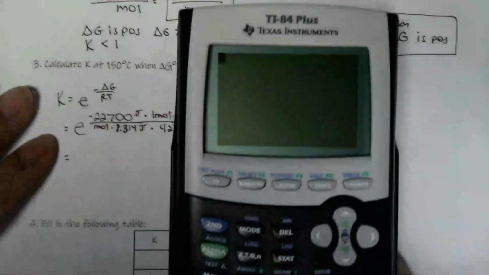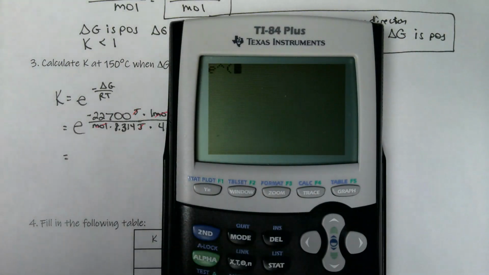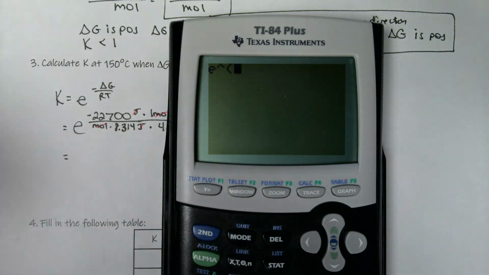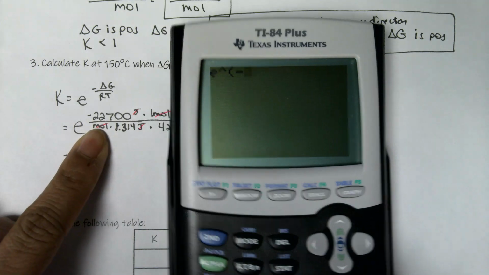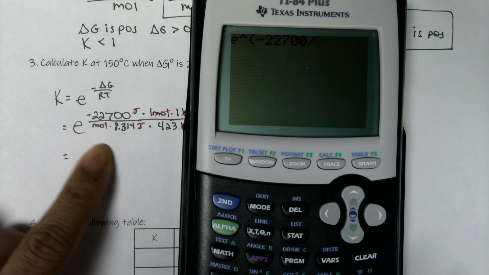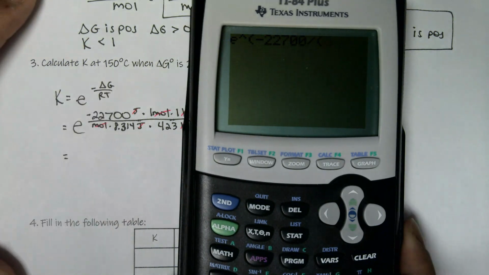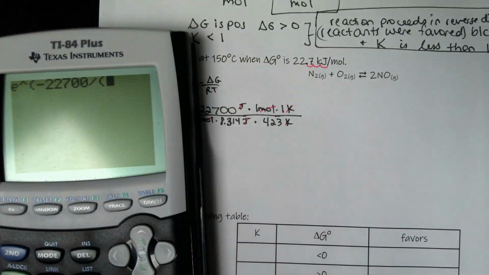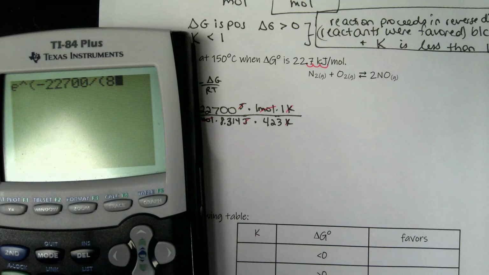So to put this into my calculator, I have second ln, so I got my E to the negative 22700 divided by, and then I have a product down here, so I want to make sure I make this a product. Divided by, and then in parentheses, 8.314 times 423.